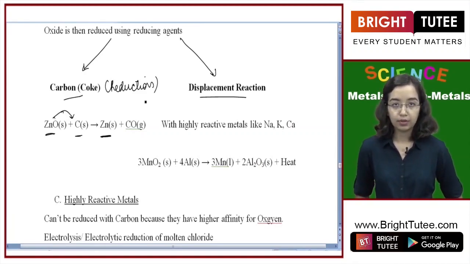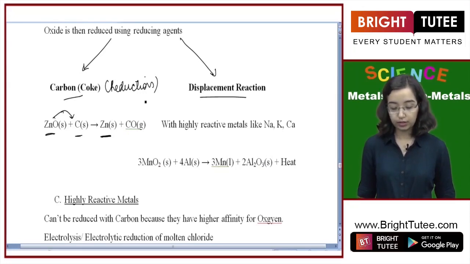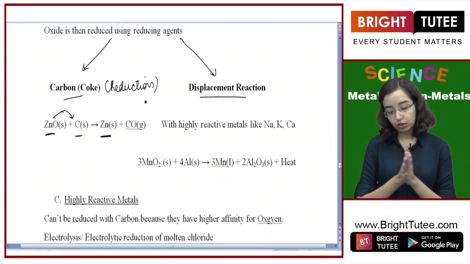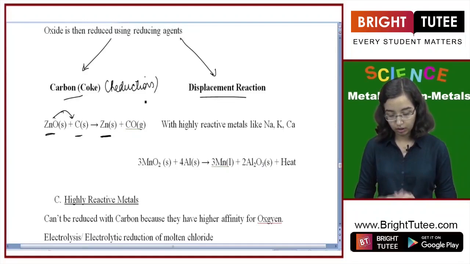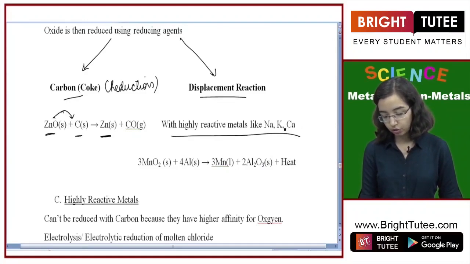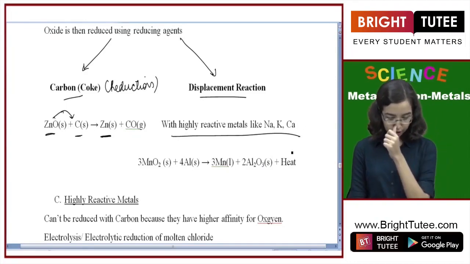Sometimes it so happens that for these elements it is not possible for us to use carbon because they have so high an affinity for oxygen that this process will not happen in this way. So in that case, we use a different approach. We use highly reactive metals like sodium, calcium and potassium.